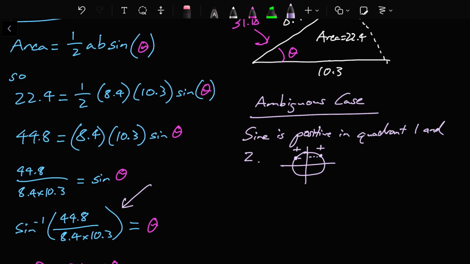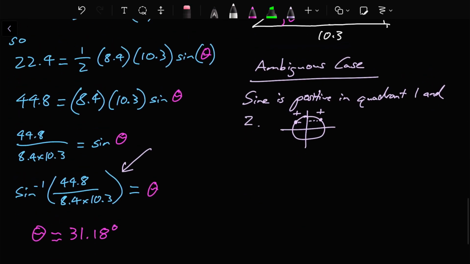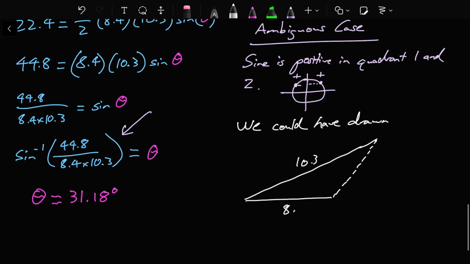Well, firstly, let me draw the triangle to show you what this actually means. The ambiguous case says we could have drawn this. Right? With this being the angle.